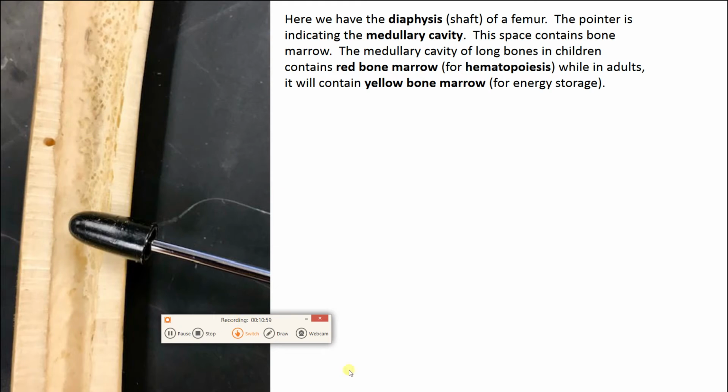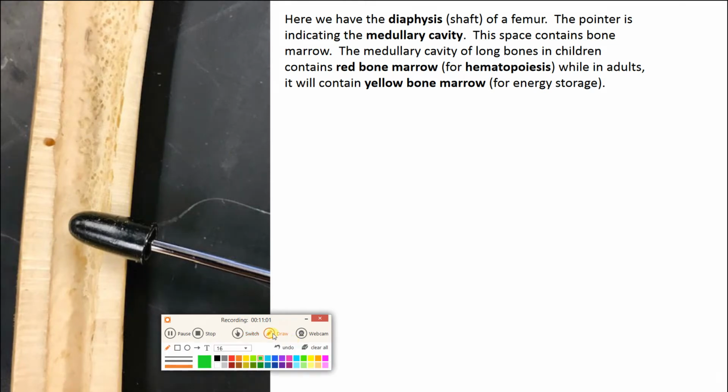Like I just mentioned, there are two colors of marrow. There is yellow marrow for energy storage because yellow marrow is made out of fat. In other words, adipose tissue, adipocytes. There can also be red bone marrow. Red bone marrow is for blood cell production. Now, I know you are going to totally agree with me here.